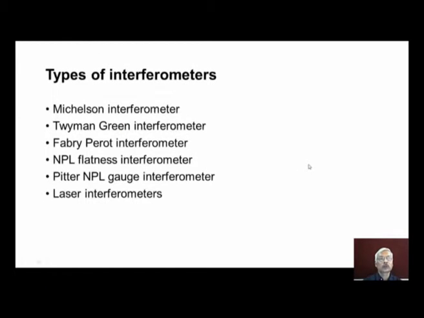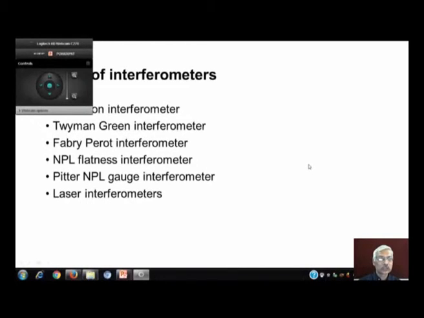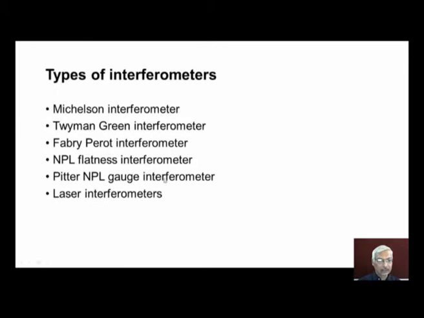Now let us start the discussion on various types of interferometers. Commercially, the following types of interferometers are available: Michelson interferometer, Twyman-Green interferometer, Fabry-Perot interferometer, and the interferometers developed by National Physical Laboratory, that is NPL flatness interferometer, which is used to check the flatness of gauge blocks, and then Pitter NPL gauge interferometers are available, and recently laser based interferometers are also available.